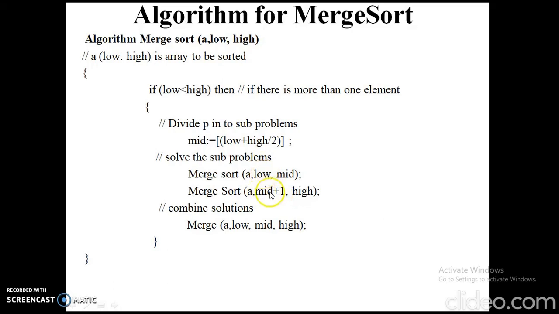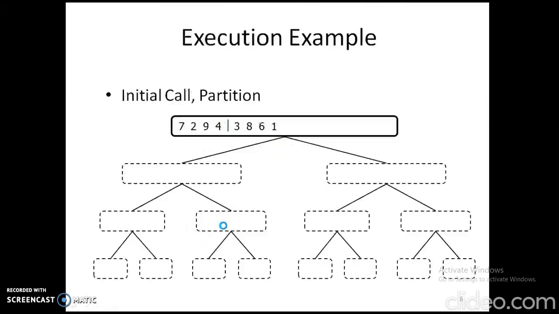Once these two halves, A ranging from low to mid and A ranging from mid plus 1 to high, are sorted, the final job is to sort the entire array by combining these two sorted halves. That is done by calling the function merge A comma low comma mid comma high, wherein in the array A, low to mid is sorted as well as mid plus 1 to high is sorted. When this function ends, the entire array A would be sorted.